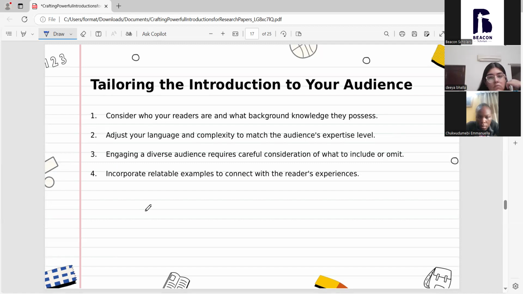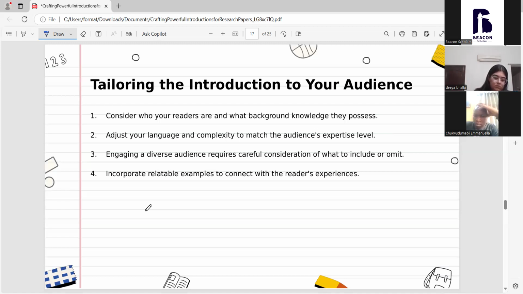They will be researchers like you or something like that. So consider who your readers are, what background knowledge they possess, and adjust your language. Again, you will write in a formal, academic language. Adjust your language complexity to match the audience's expertise level.